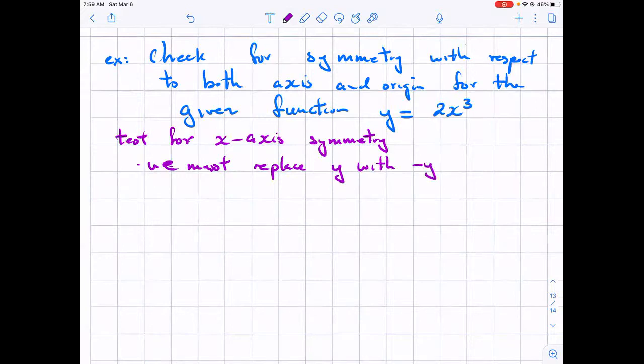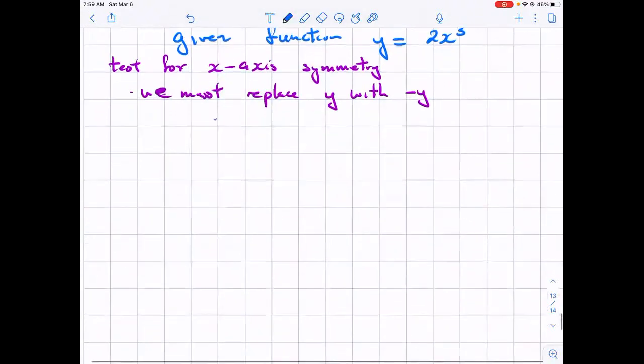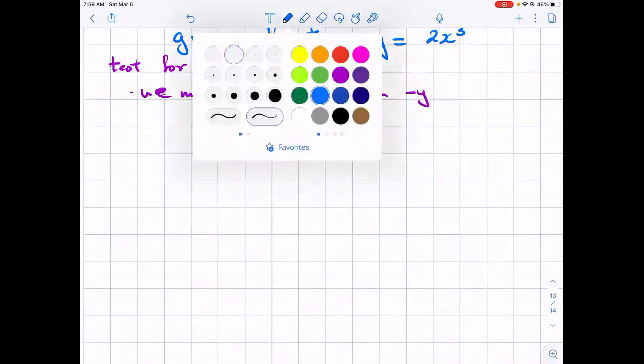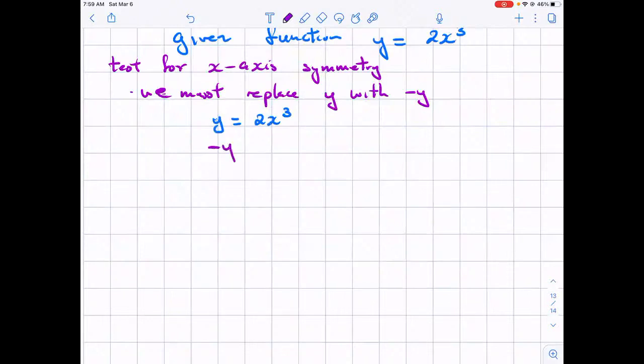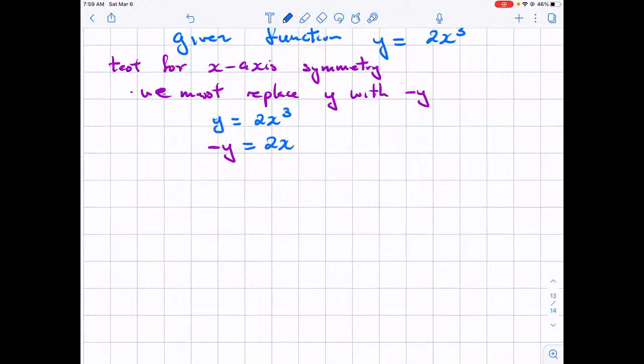That's our goal. Our original equation is y equals 2x cubed. So if we replace y, we have minus y equals 2x cubed.